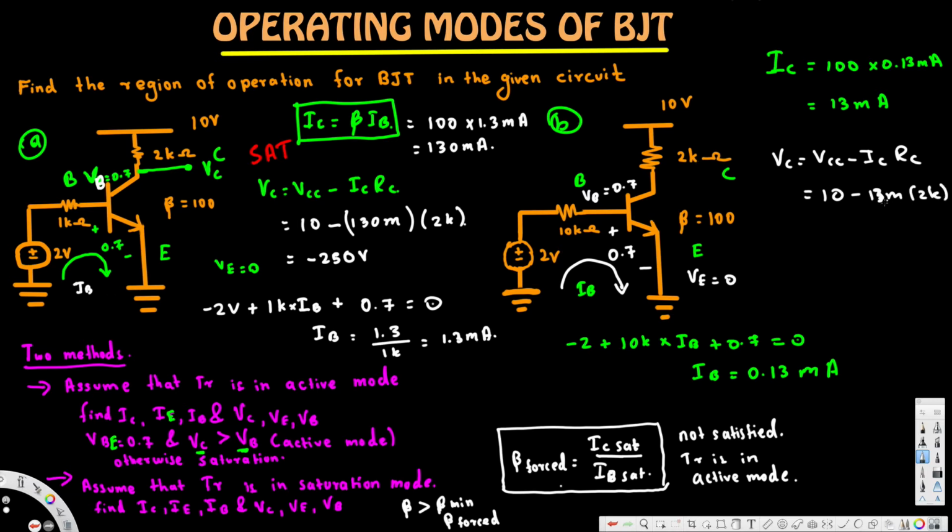Milli and K cancel each other, so this is going to be 26. 10 minus 26, that's going to give us minus 16 volts. And since VC is a negative voltage and VB is 0.7, here VB is greater than VC, so this is contradicting. VC has to be greater than VB, but here it is not. Therefore this is not in active mode. This is also saturation.